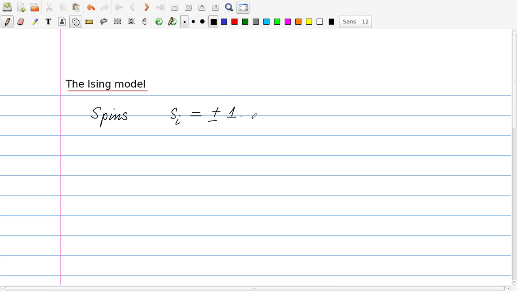Now, spin suggests that we are really dealing with actual spins. That's not the case generally, because the Ising model can be applied wherever there are only two values possible for a degree of freedom, then it can be described by an Ising model.